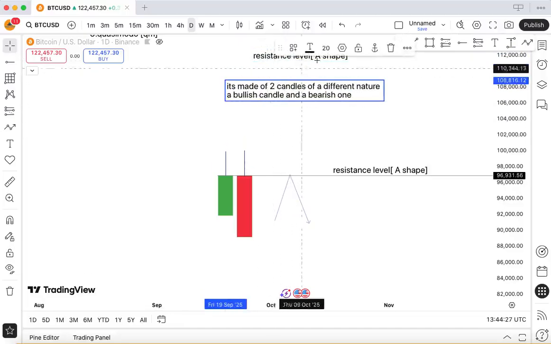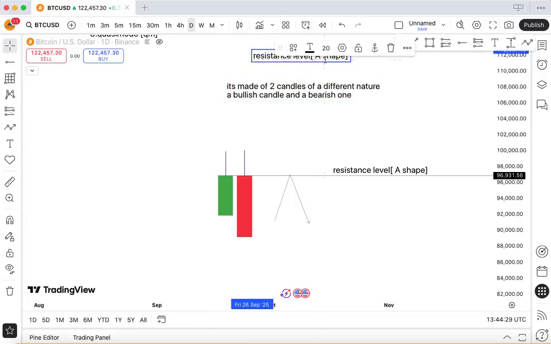So we are going to first look at the RBS. I told you the RBS, it means resistance becomes support, but it becomes support after being what? Broken. RBS.